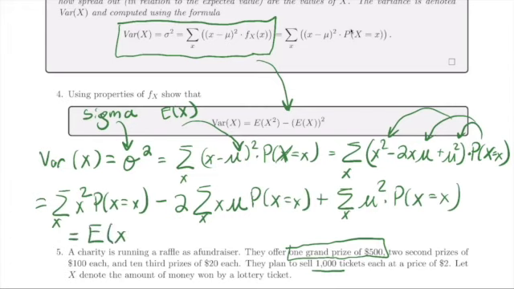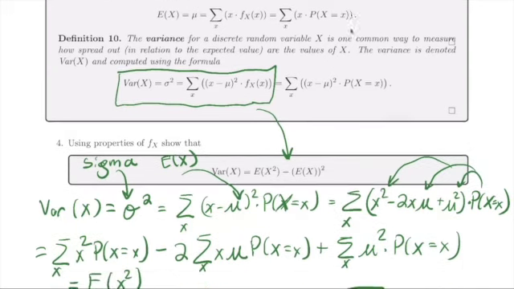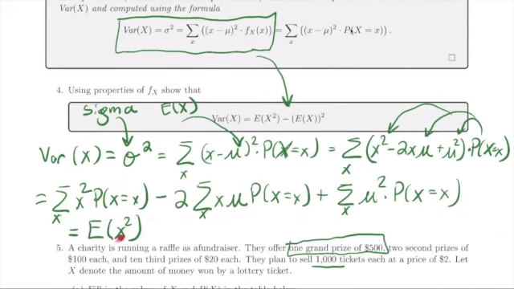So this first piece over here would just be the expected value of x squared, right? Instead of having an x in here, we have an x squared down below. So this piece is equivalent to the expected value, not of x, but of x squared. On this piece over here, keep in mind, this mu is a constant. It doesn't depend on x. So just like I could pull the 2 out from the sum, I could pull the mu out from the sum.